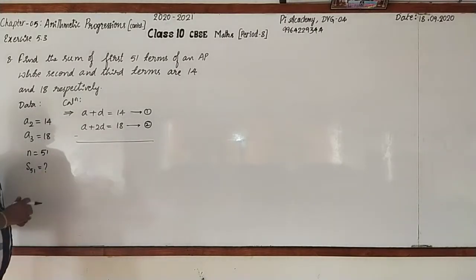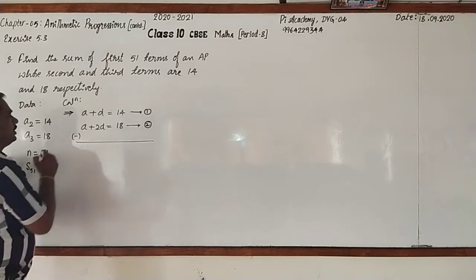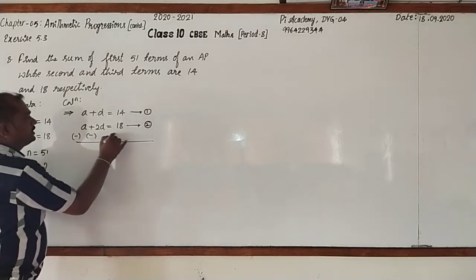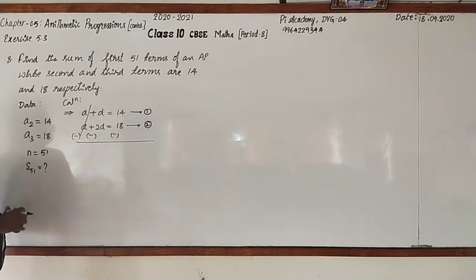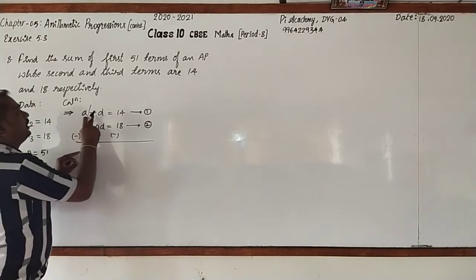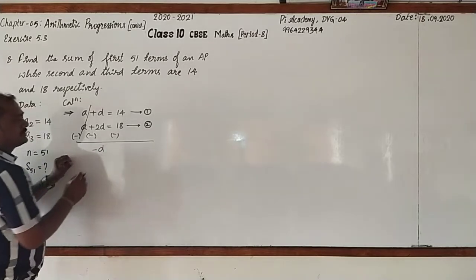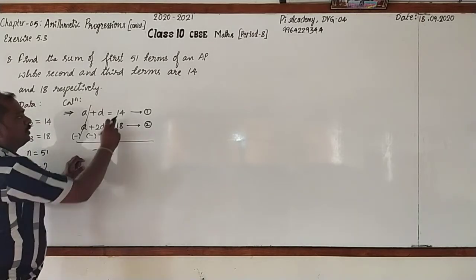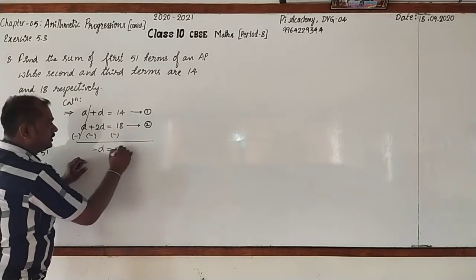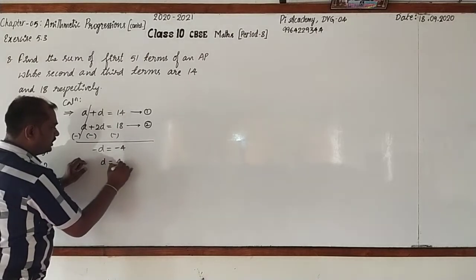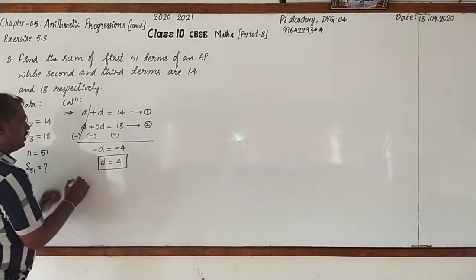Here these two are a pair of linear equations in two variables. It is minus, this is minus, minus. Coefficients are same, hence you can go for cancelling them. Then plus d minus 2d, it is minus d. It is equal to 14 minus 18, this is minus 4. So d is equal to 4.